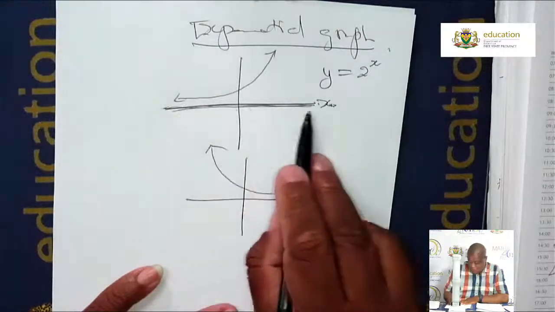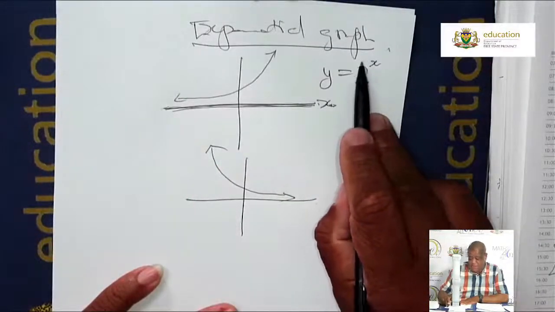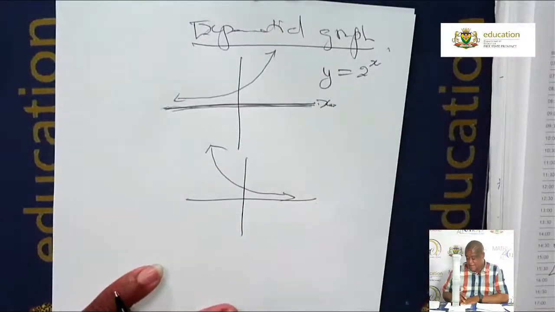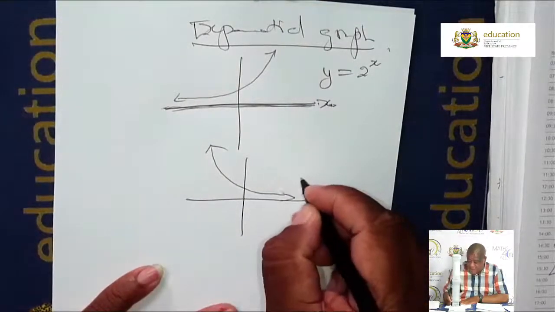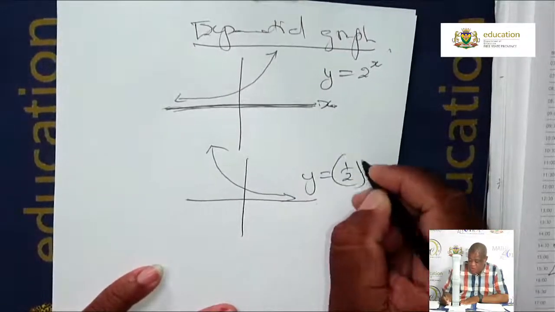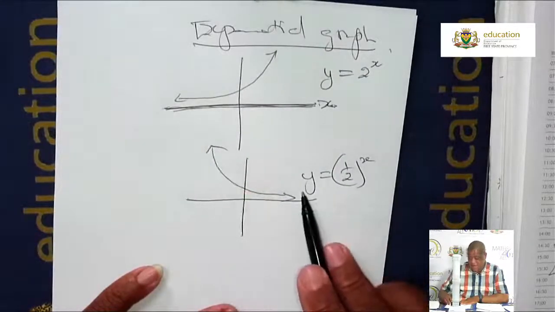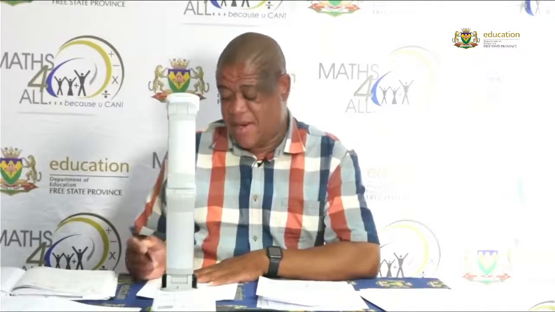It's an increasing function because the base is a whole number, not a fraction. But we may find y is equal to 1 over 2 to power x. That one has a fractional base, which is why the graph is decreasing, but with just one asymptote, compared to the hyperbola, which had 2 asymptotes.